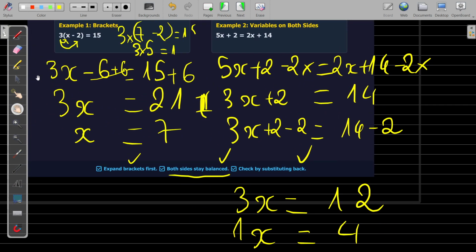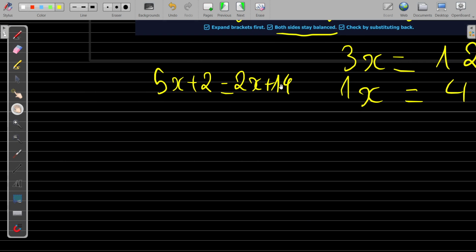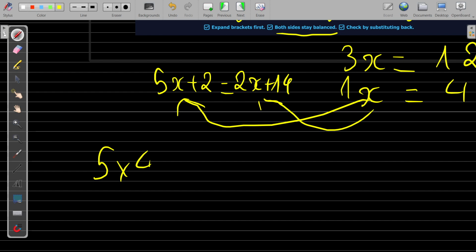So I have to write the original one here. So 5x plus 2 equals 2x plus 14. And then I'm going to put the x of 4 here into both of these locations, both of these sides. So what we have is 5 times 4 plus 2 equals 2 times 4 plus 14.